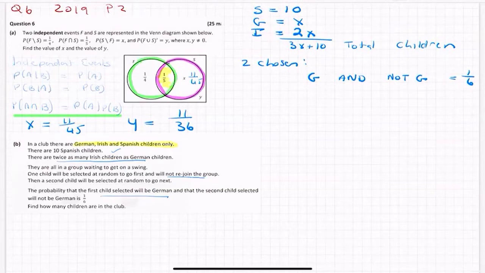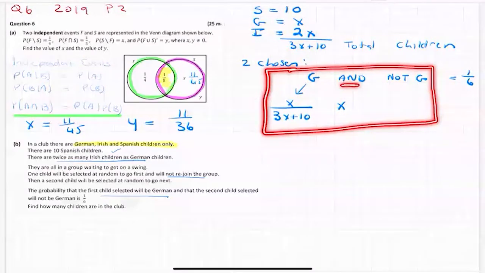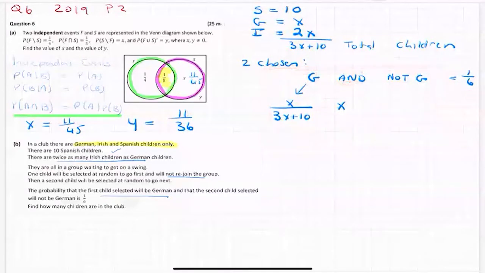Okay, so the probability of German is x chances of success out of the total number of children, and that translates to a multiply, and not German then is... So when I multiply these together, and why multiply, because of the and, I will then get a sixth.